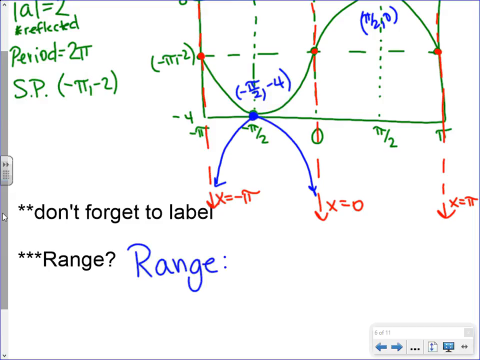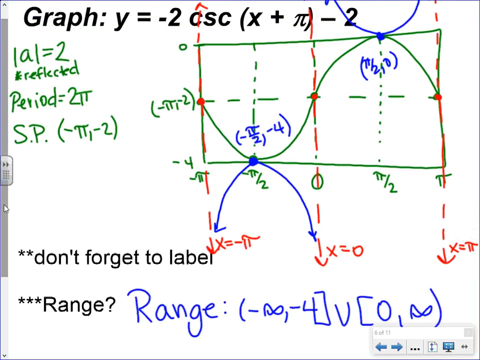Jackson? Parentheses, negative infinity, comma, negative 4, bracket, U, bracket, 0, comma, positive infinity. Okay, very good. We have blue curve below and above our frame.